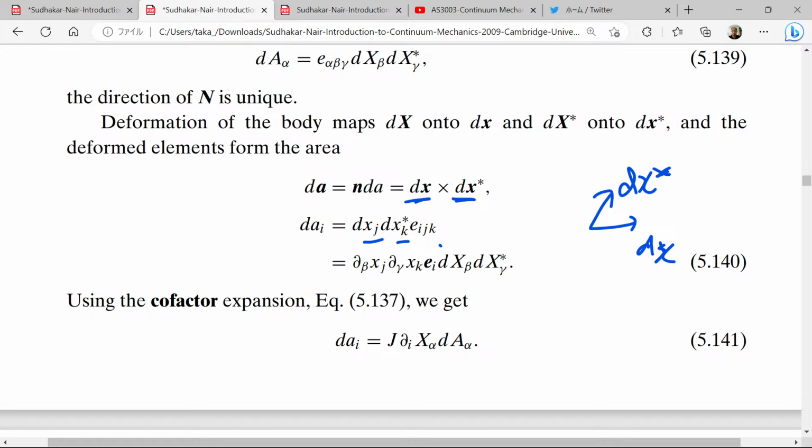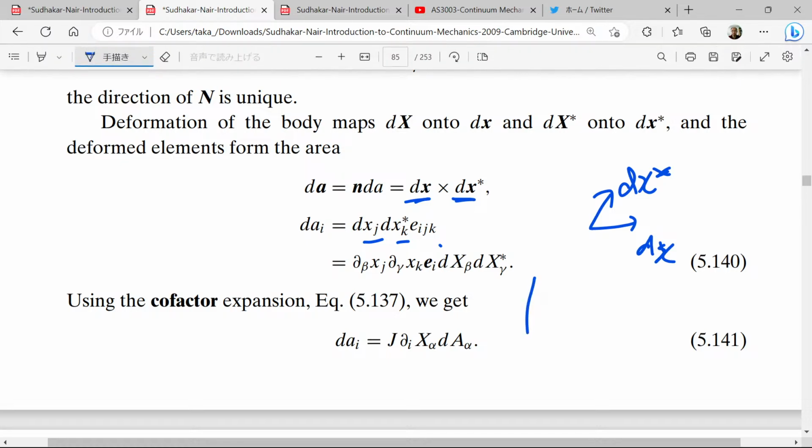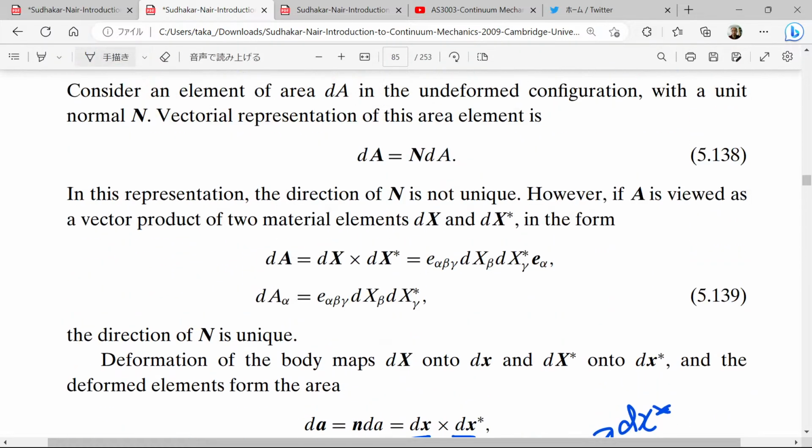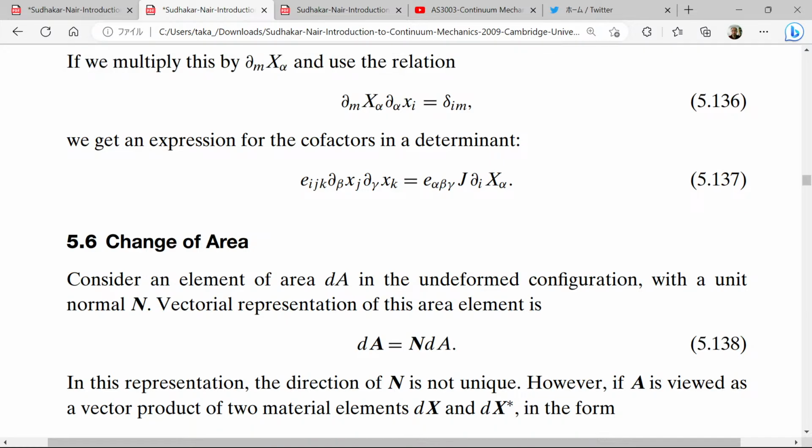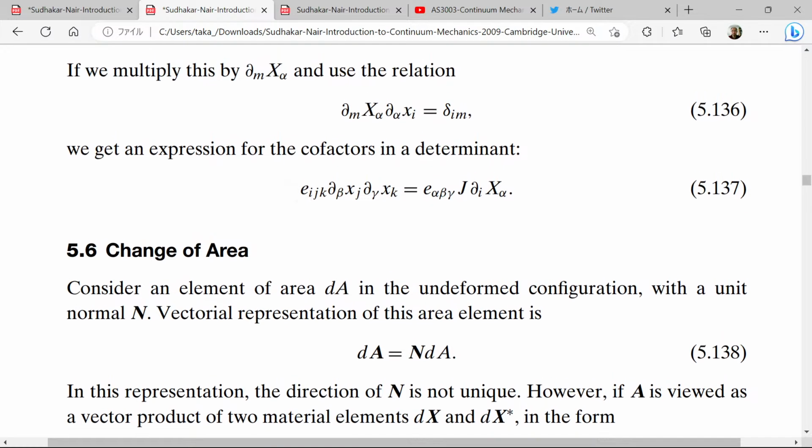So we use 137. You have to use 137. This is a kind of, I would say, strange. Anyway, okay, let's just use this.